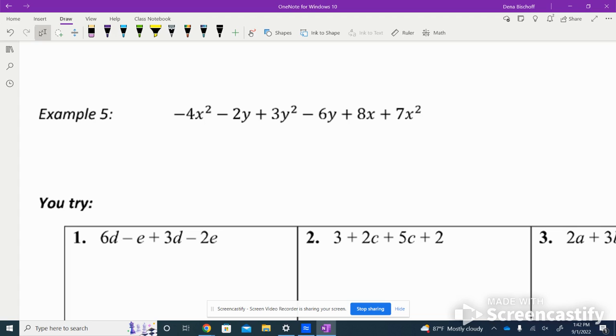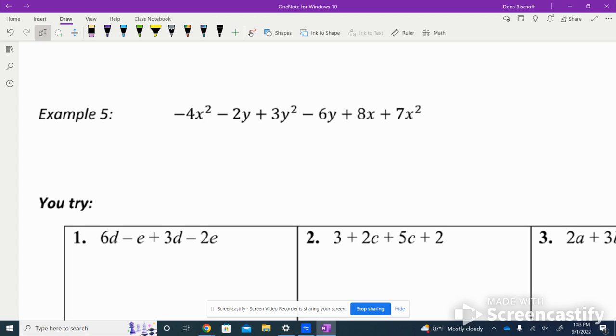Okay. Is there a term, make sure you raise your hands, that has just a y all by itself? Tyler. 6y. Look at it again. Look at the whole term. What's in front of the 6? Subtract. Negative 6y. You've got to remember to include the sign, Tyler, okay?